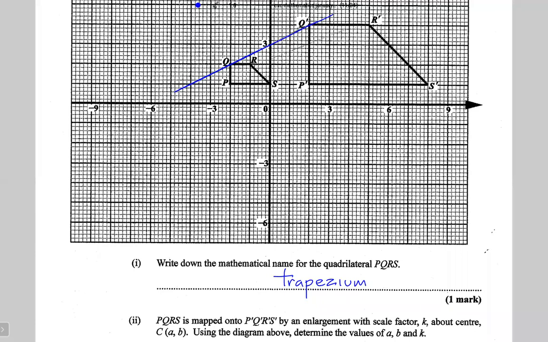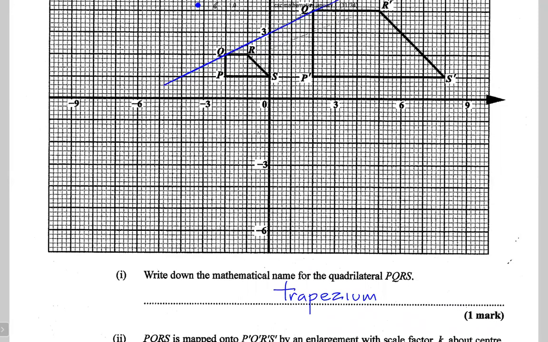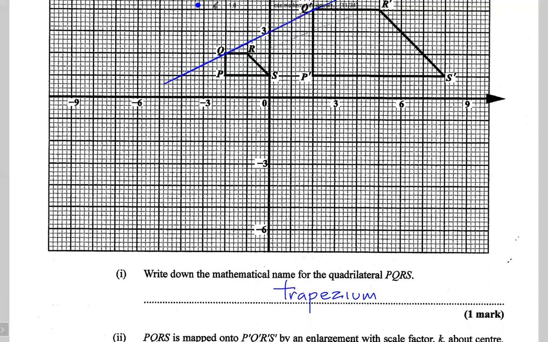If I want, I could then draw one through P and P prime. Let's draw it through R and R prime. Where the lines intersect, that point is the center of enlargement.